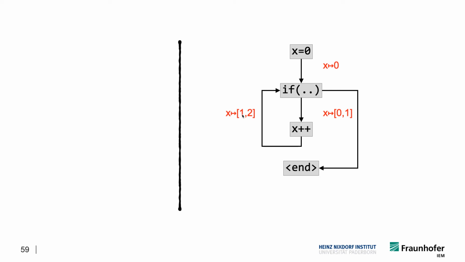So we've basically just moved from one lattice element to another. And now we are merging again at this point here. Now we have to merge these two intervals, and we are merging it to this element 0, 2. So that's our new domain element, or our new lattice value. Now, you can already see that we can continue doing this, right?